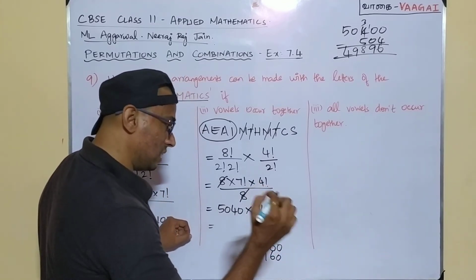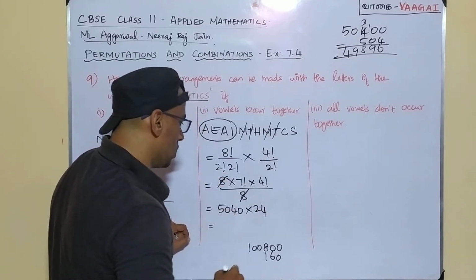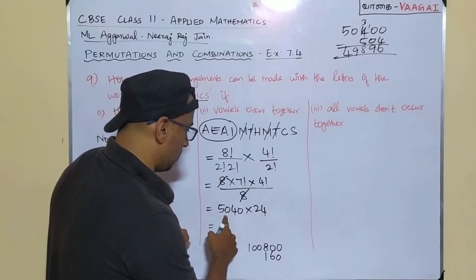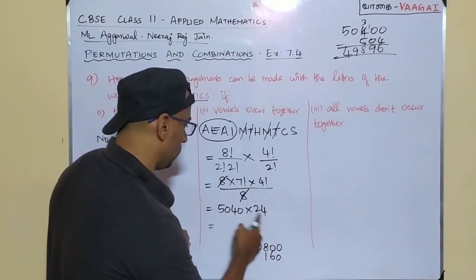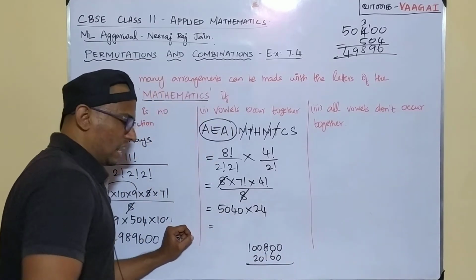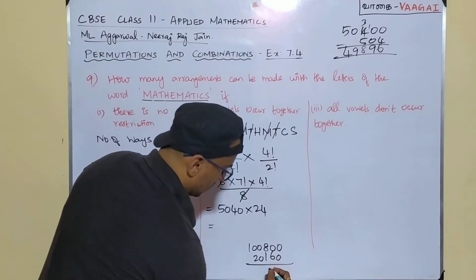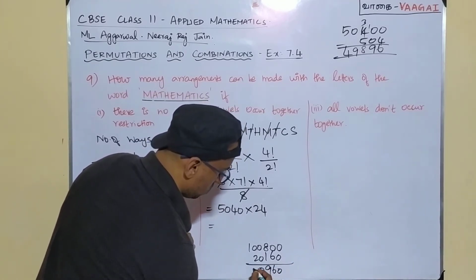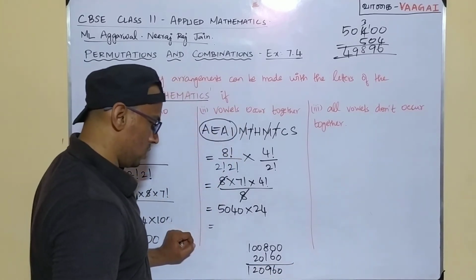We have to place the digits very, very carefully. That is also important. Now I have to add everything to get my final answer. So this will be 960, this will be 0, this will be 1, this will be 12120.